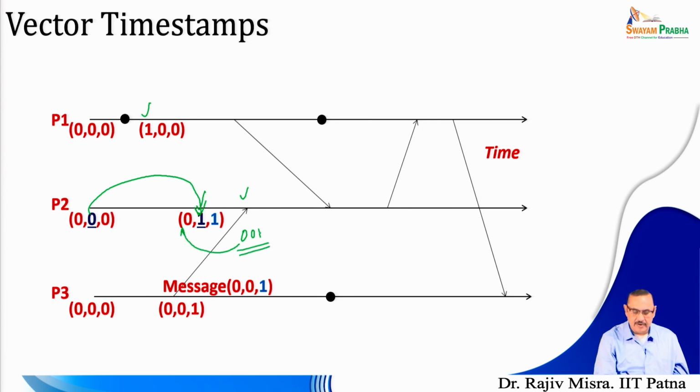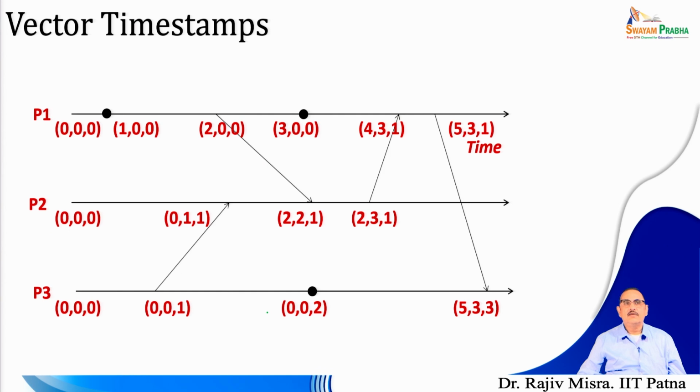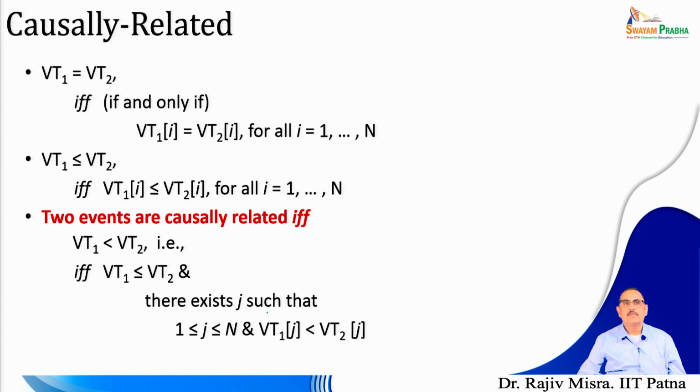The 0 is not updated, and the 1 will be updated; 0 will be updated to 1 in this case. So, therefore, we have seen the vector timestamp and different other conditions so far.